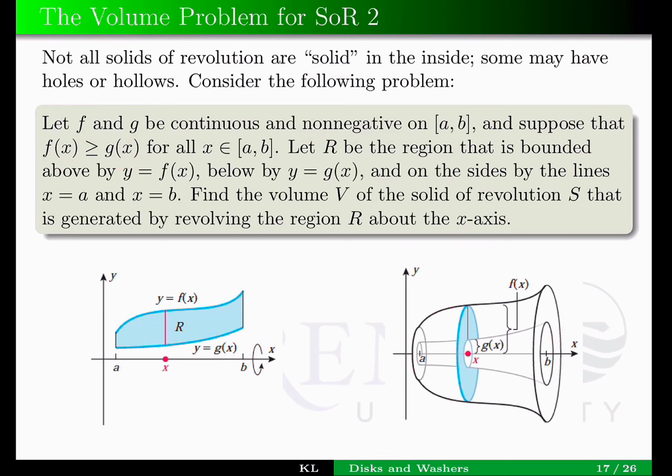It is outside the region. So if you consider this strip here and revolve it, only the points inside this strip will create a solid, which means we will have something like this. And then this part here will create a hole, just like what you are seeing in here.